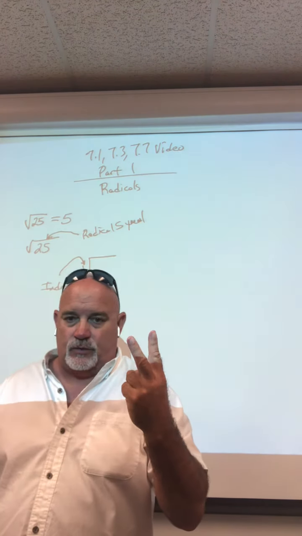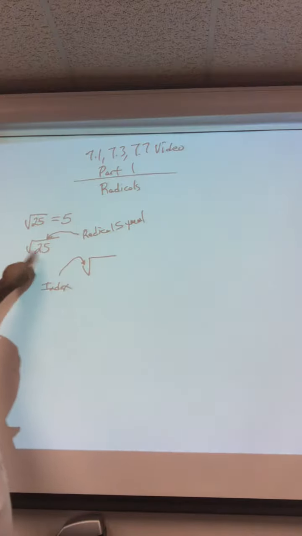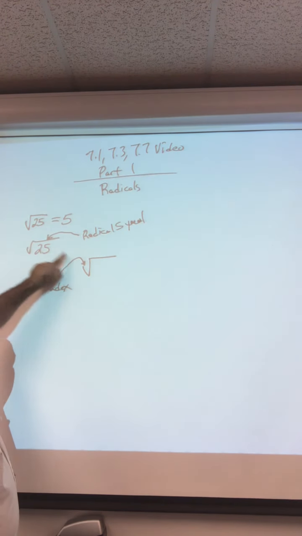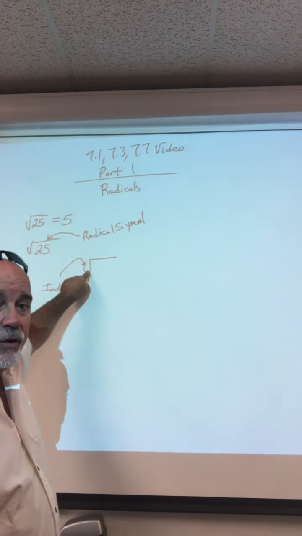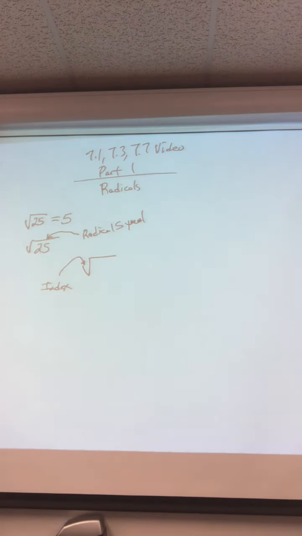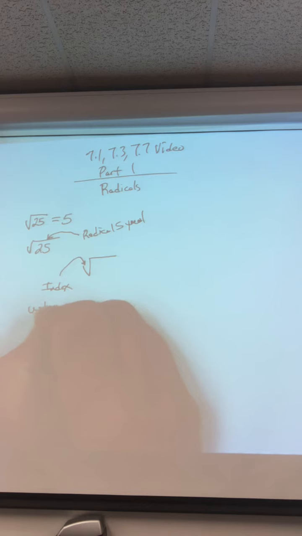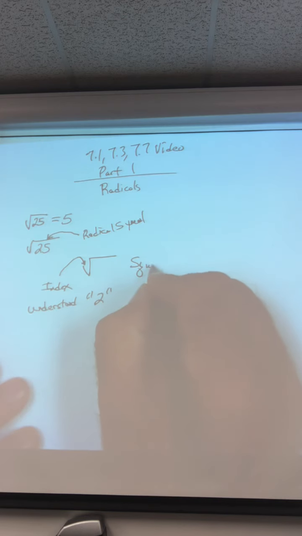The square root. Square means 2. So the square root of 25. So if there is no index written, it is understood to be 2. So this is square root.